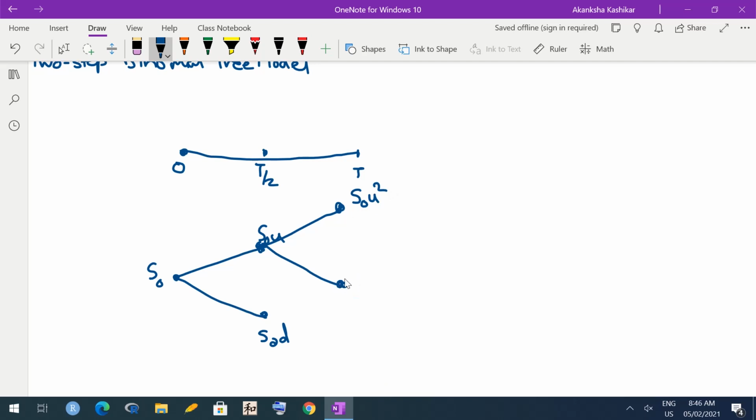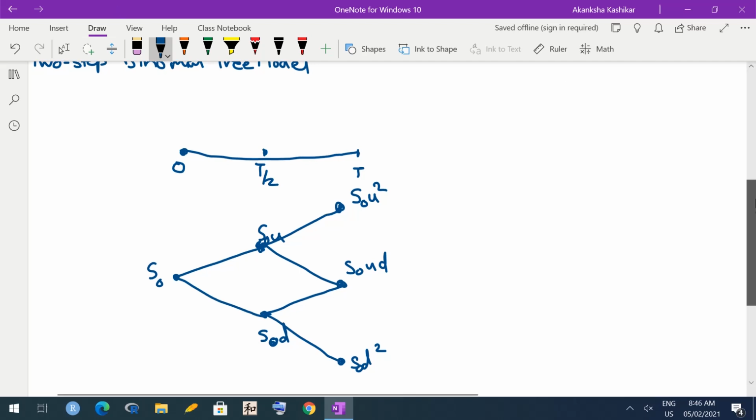This is a down movement from S0 U, so it becomes S0 U D, which is same as up movement from here because it would be S0 D into U. So exactly same quantity, and then we have S0 D square, two down movements. So at time capital T, possible values are S0 U square, S0 UD and S0 D square.